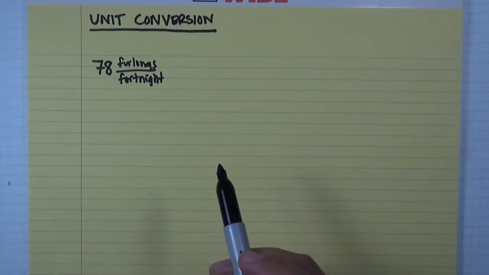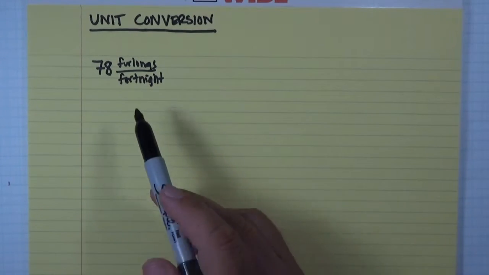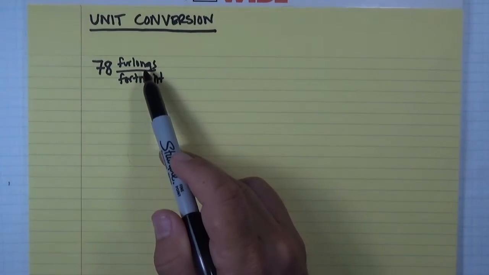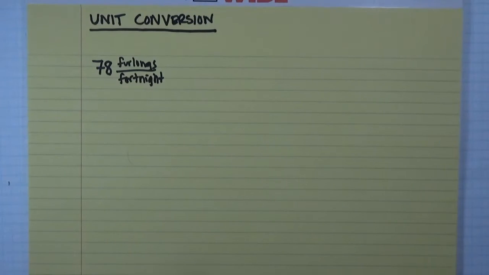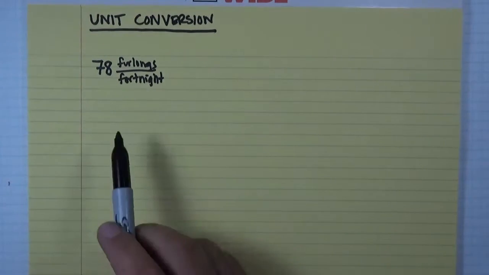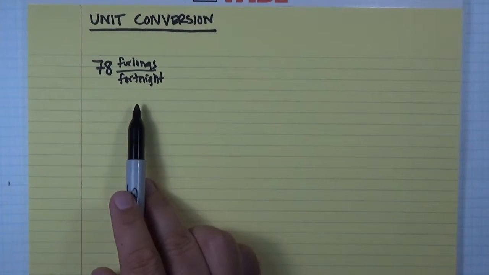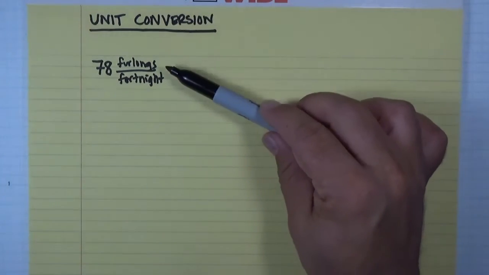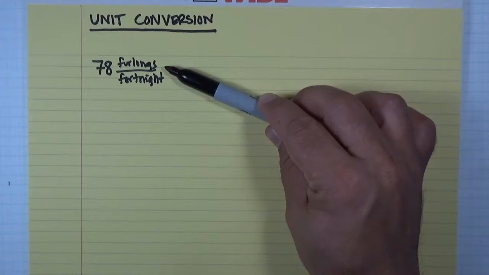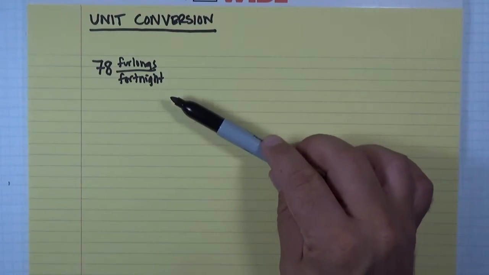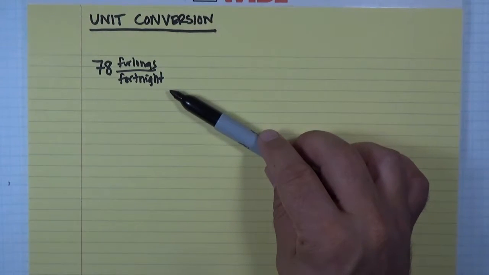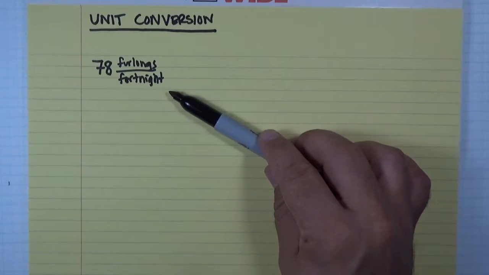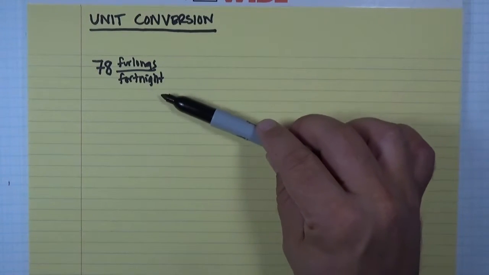But what I'm doing is I'm introducing fractions that cancel out the units that I have and leave me with the units I want. Now, a speed here, expressed in this way, has two units I'm interested in getting rid of. I'm interested in getting rid of the strange units of length called furlongs, and I'm interested in getting rid of the strange units of time called fortnights in favor of their MKS equivalents, in this case meters and seconds.